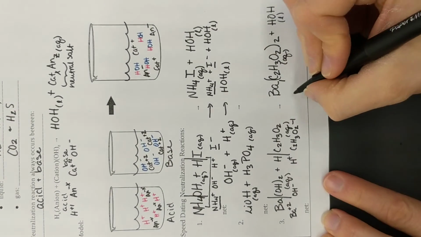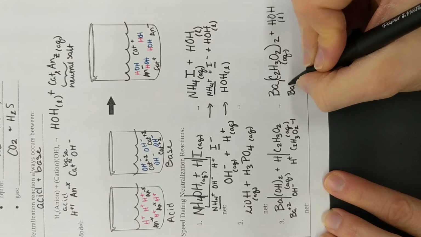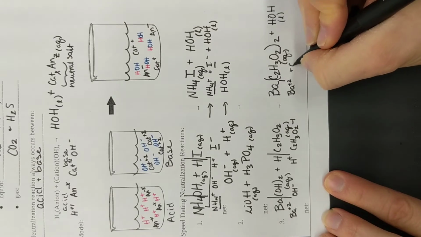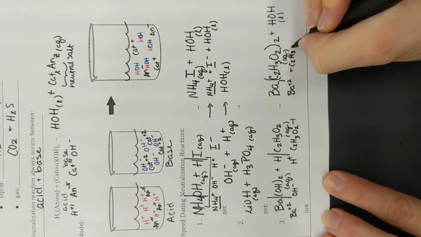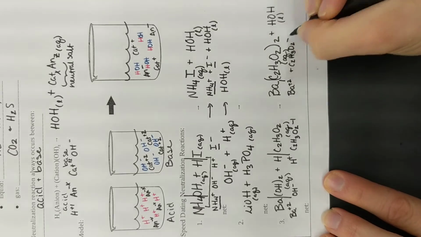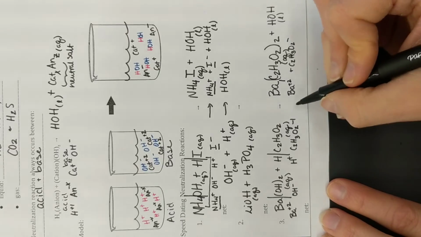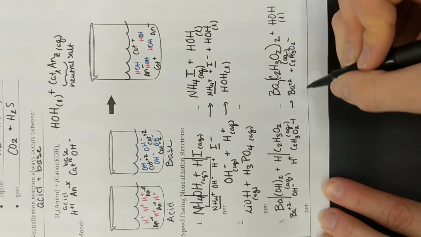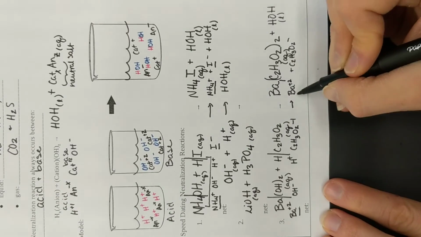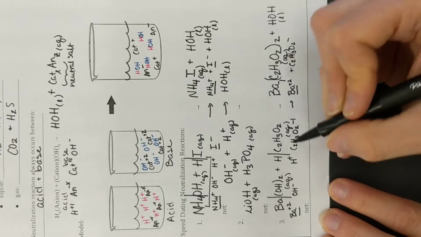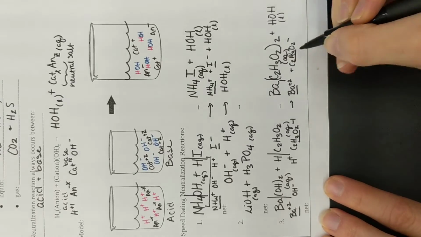And for my net, I'm going to write my complete ionic equation first, which just means that I'm splitting up this aqueous compound, this neutral salt. Here's my neutral salt. I'm going to split that apart. And I notice that on both sides of the arrow, my barium ion is still in solution, and my acetate ion is still in solution.